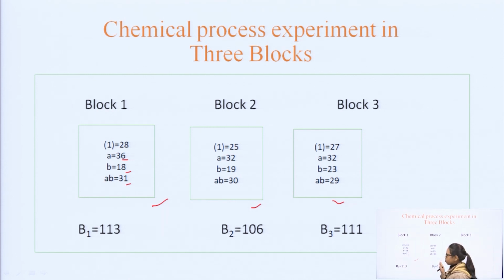In the second block, 1 equals 25, A equals 32, B equals 19, AB equals 30. In block 3, 1 equals 27, A equals 32, B equals 23 and AB equals 29. Here B1 equals 113, B2 is 106 and B3 is 111.